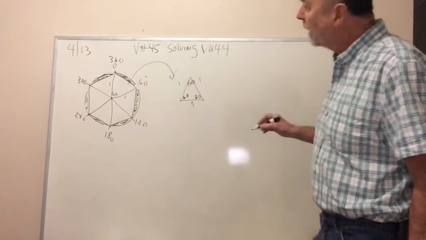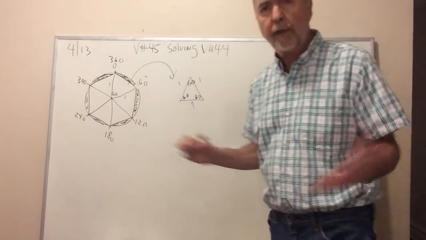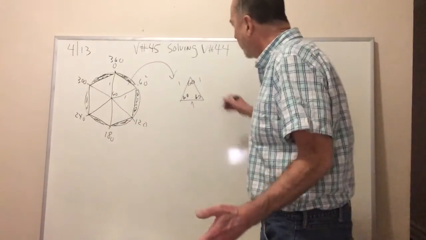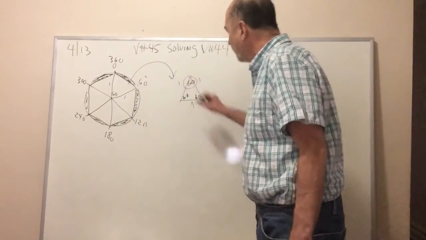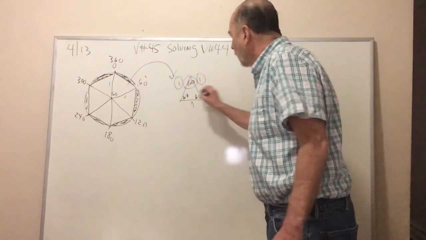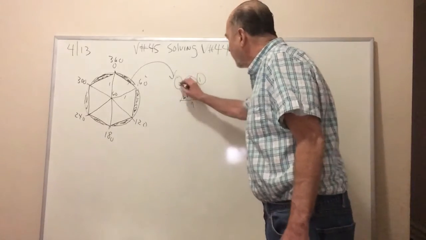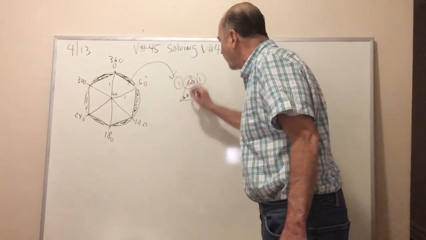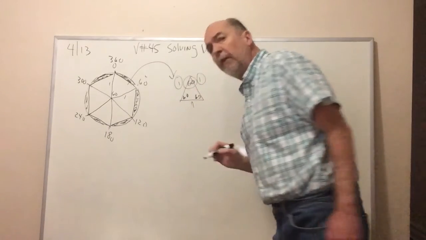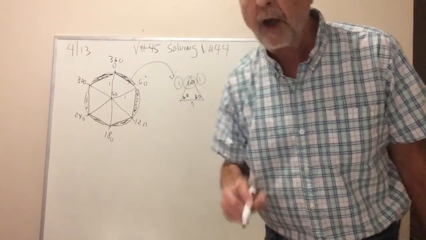That means the hexagon is composed of 6 equilateral triangles, side of 1. I want to go over that reasoning again. I know this is 60, I know this is 1, and I know this is 1. Well, there are only 2 angles left. These 2 sides make it an isosceles triangle, so it follows instantly that this must be 60 and this must be 60. It's an equilateral triangle.